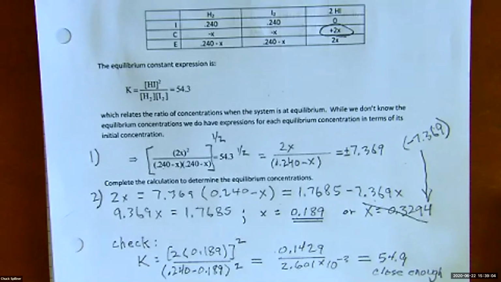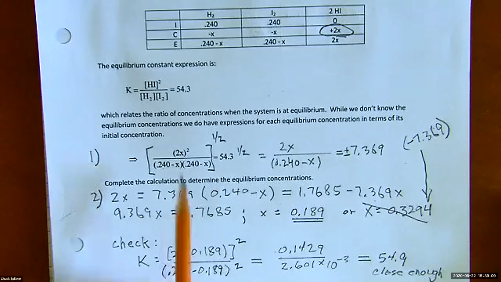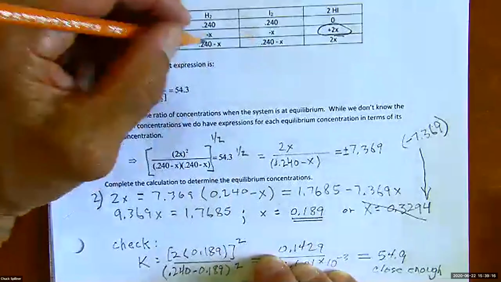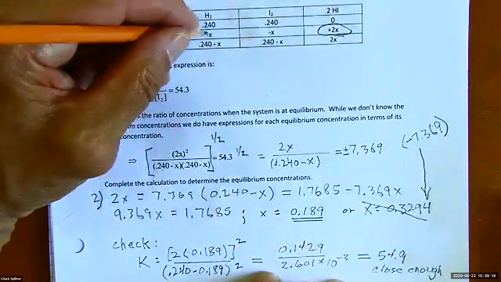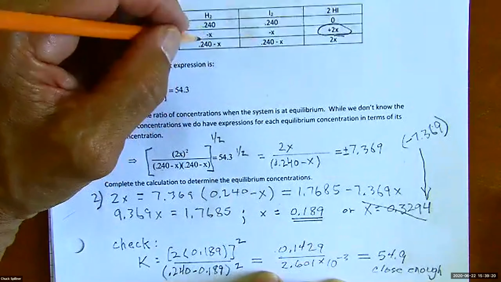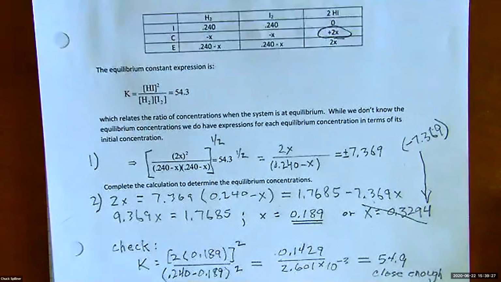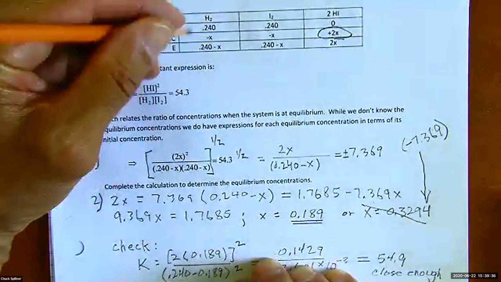Then our check. Remember we said we can check this if we plug in these values. So we have 0.240 minus 0.189. So let's go back up to our ICE table and plug in the actual values. If we do that, 0.24 minus 0.189, we get 0.051.